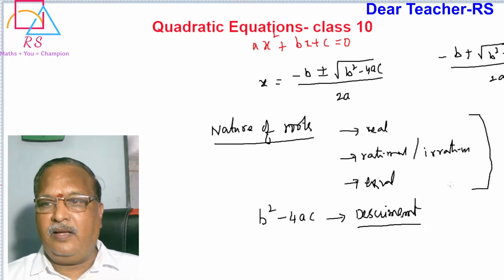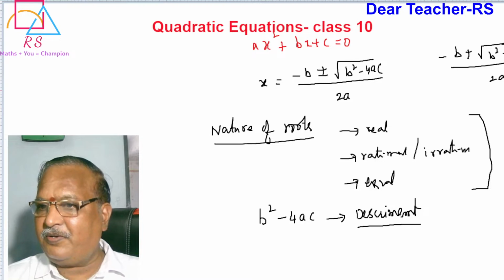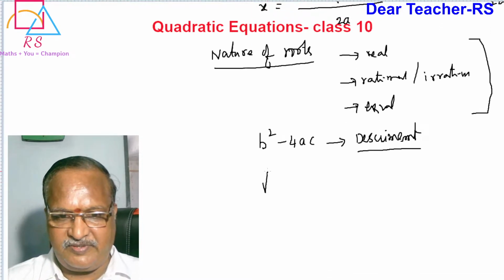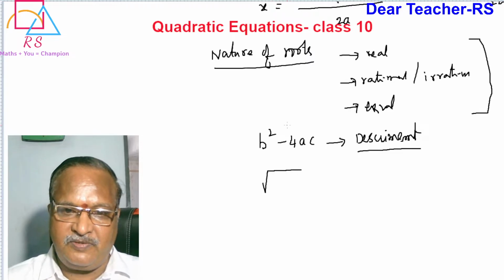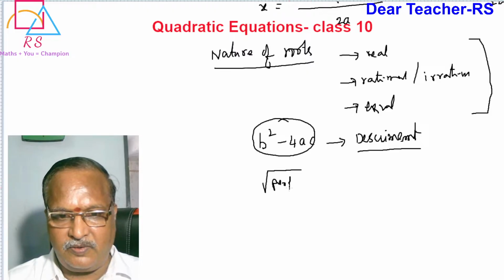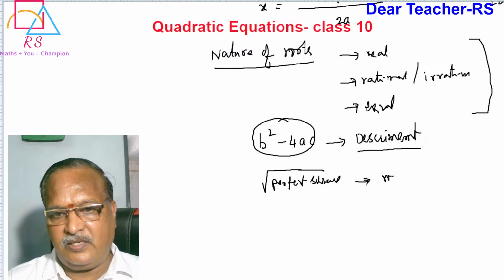Now, if b square minus 4ac is a perfect square, then the roots are rational.